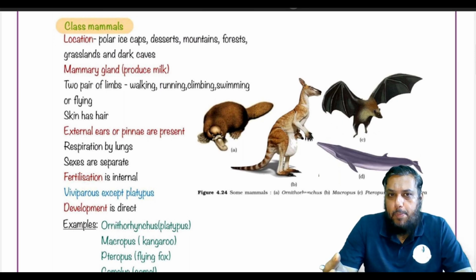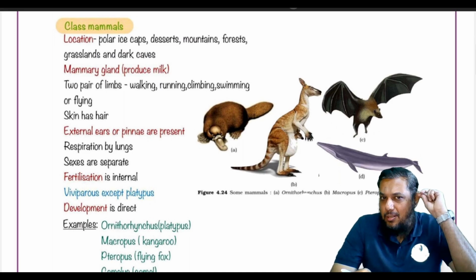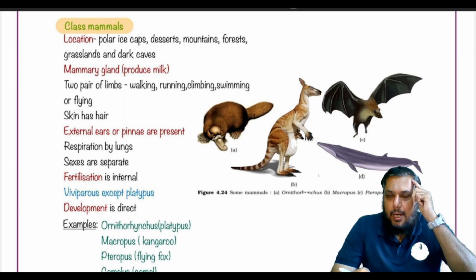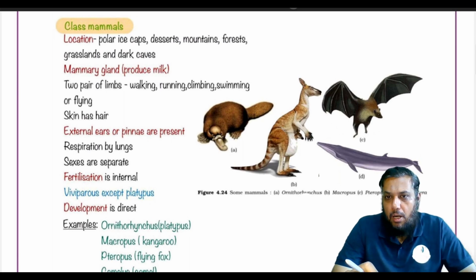We have two pairs of limbs, forelimbs and hind limbs, which help in walking, running, climbing, swimming, or flying. Like in the case of whales, they help in swimming. Our skin shows the presence of hairs. External ear, pinna, is present, and the respiration is with the help of lungs. Sexes are separate.